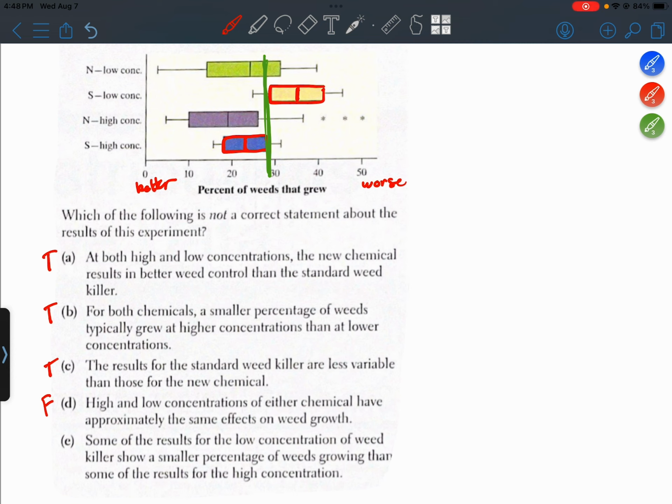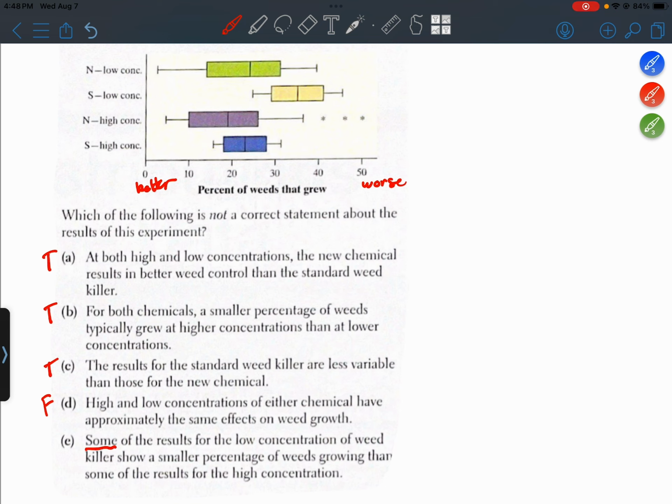Okay, last choice is E. Let's clean up our graph here. Some of the results for the low concentration of weed killer, not all, but some of the results, show a smaller percentage of weeds growing than some of the results for the higher concentration. All right, let's do new chemical first.